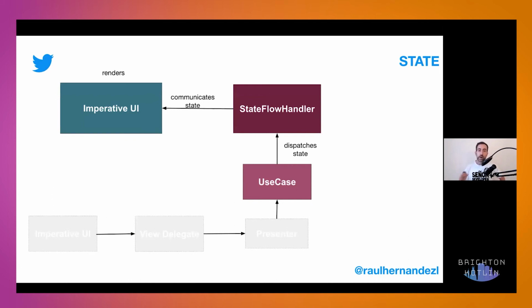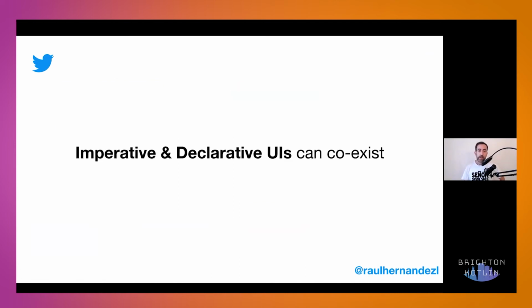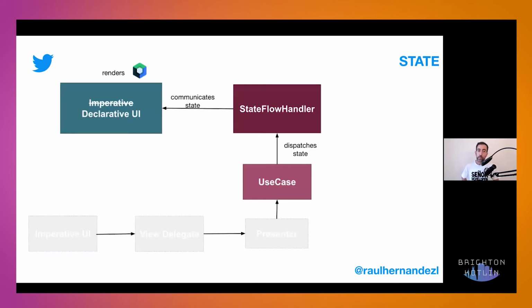And then the stateful handler is communicating the state to the imperative UI, and then rendering this into the imperative UI. That's the first step. And that means that we can make sure that imperative and declarative UIs can coexist. We can start playing with the different imperative UIs as with declarative UIs. Basically, we make sure that we can just switch and change the imperative UI with a declarative UI, as simple as that.